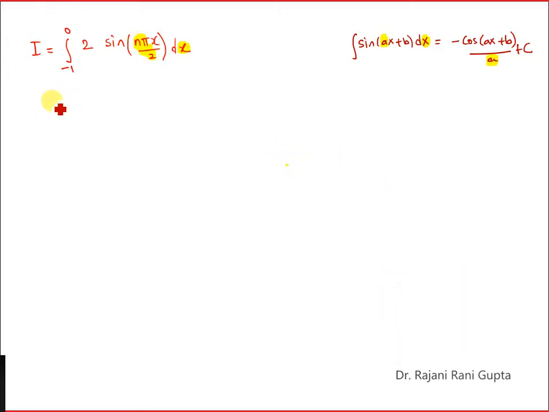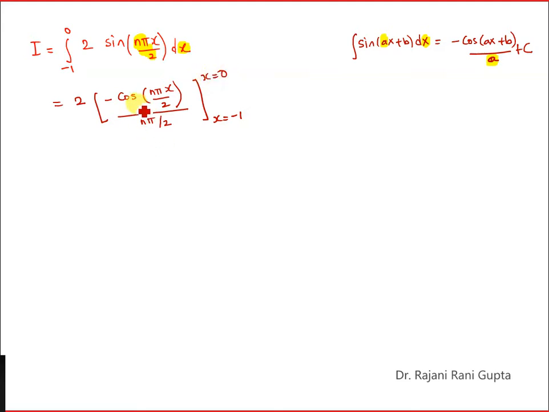So the integral is, this 2 is not required, minus cosine n pi x divided by 2, this whole divided by n pi over 2, and the limit of x is from minus 1 to 0.